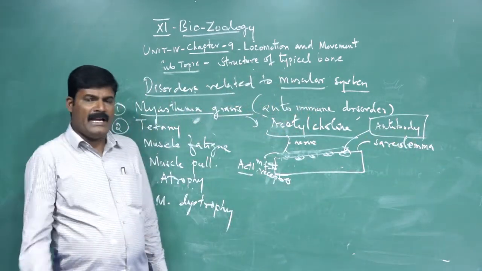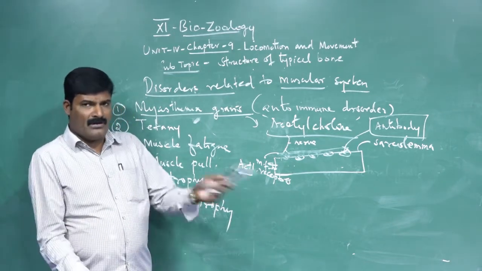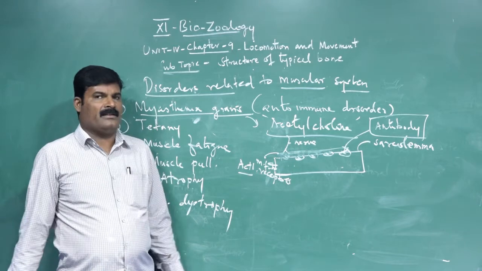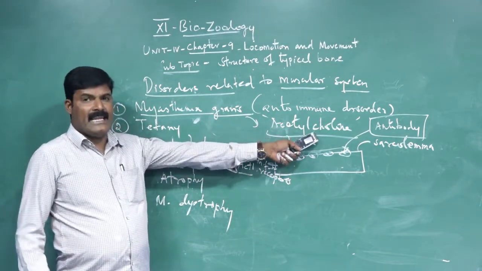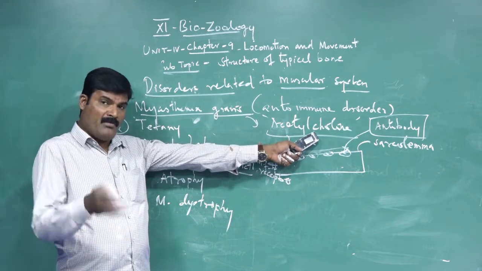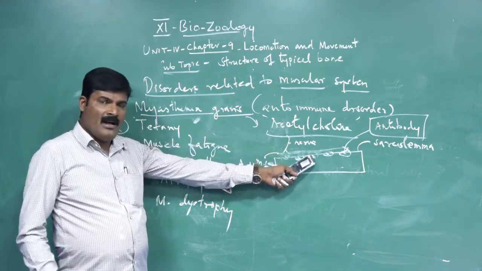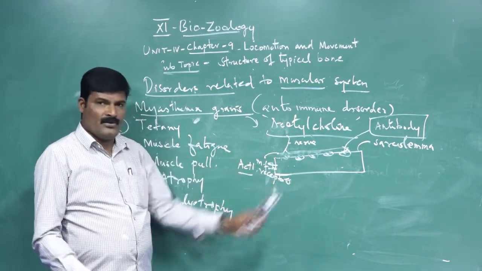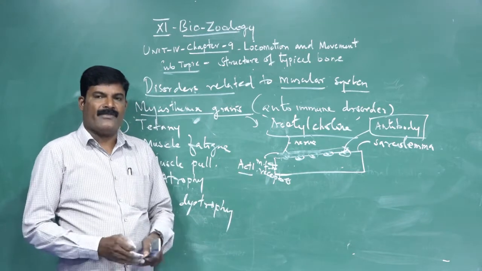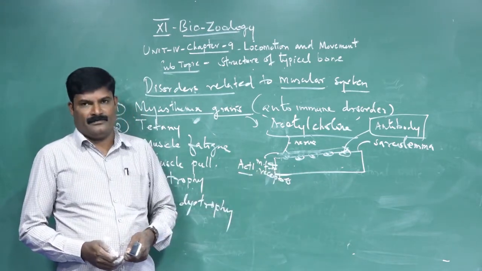Antibodies are important proteins which act on the antigens and prevent disease-causing agents. But in this case, our own antibodies destroy or affect the acetylcholine action at the neuromuscular junction. It leads to muscular inactivity, weakness of the muscle, or paralysis of the skeletal muscle.